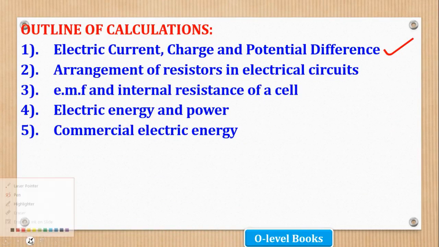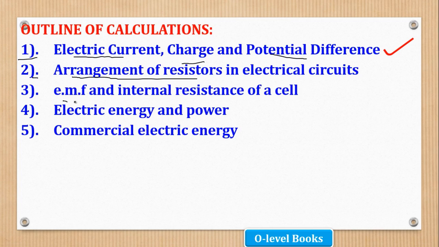The calculations under this topic of current electricity can be divided into 5 parts. The first part is electric current, charge and potential difference or voltage. The second is arrangement of resistors in electrical circuits.